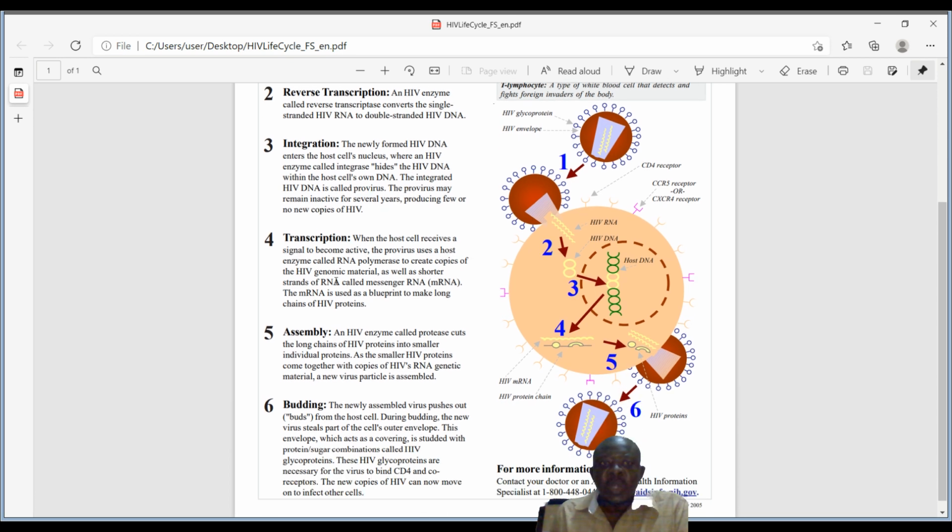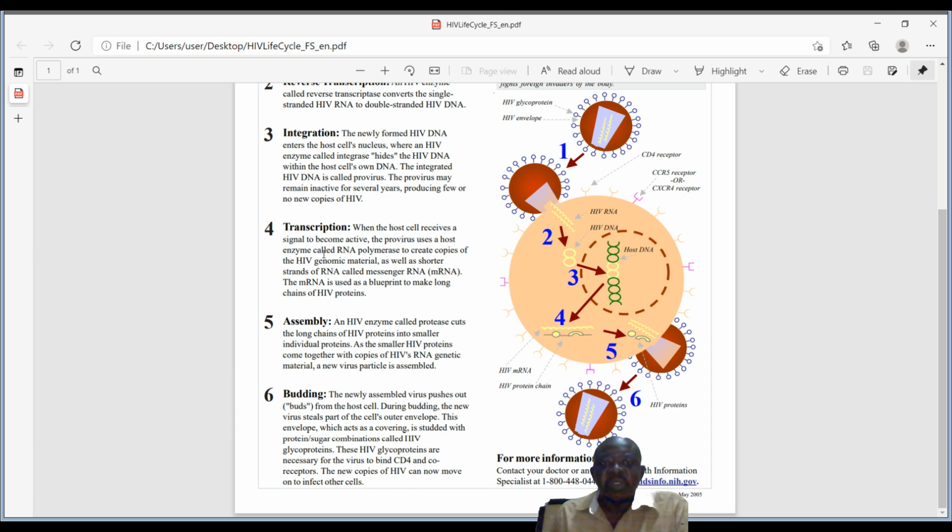Let us now look at the 4th stage, which is transcription. When the host cell receives a signal to become active, the provirus uses a host enzyme called RNA polymerase to create copies of the HIV genomic material, as well as shorter strands of RNA called messenger RNA or mRNA.